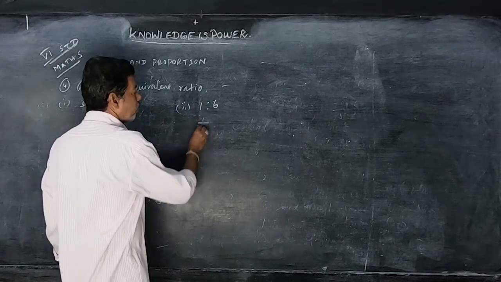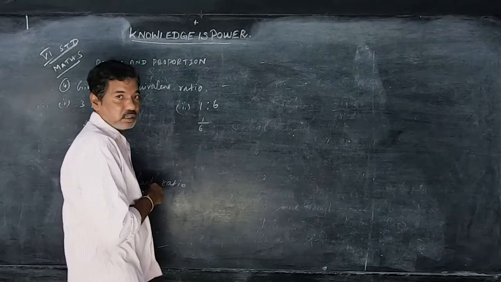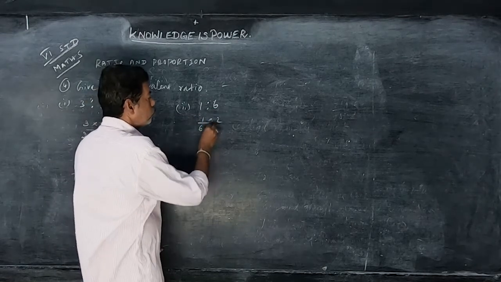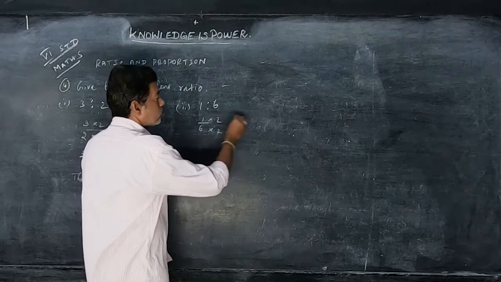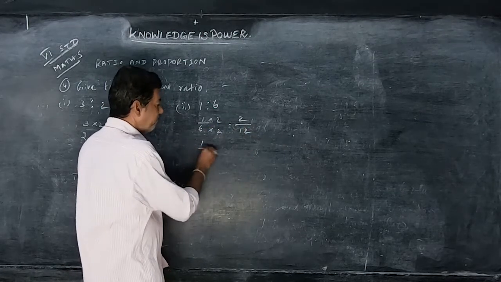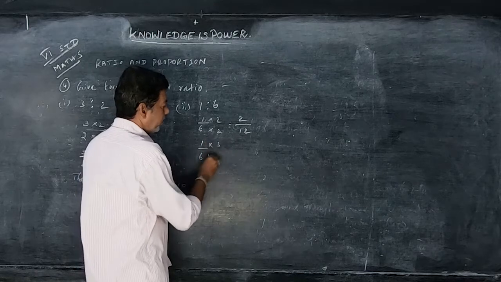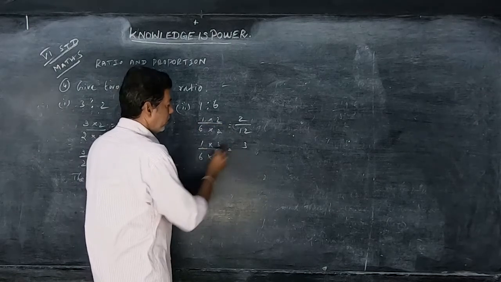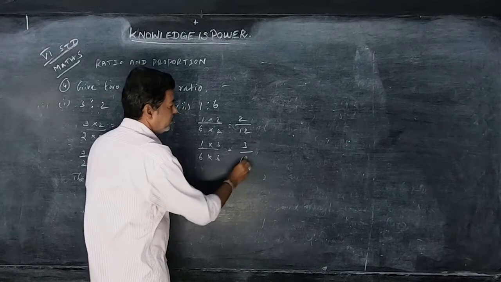You write in this format 1/6. 1 into 2, 6 into 2. 1 2s are 2. 6 2s are 12. Same way, into 3. 1 into 3 is 3. 6 3s are 18.